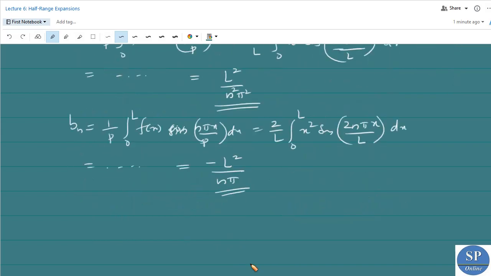Therefore, from equation 3, the Fourier series is f of x equal to a naught by 2.